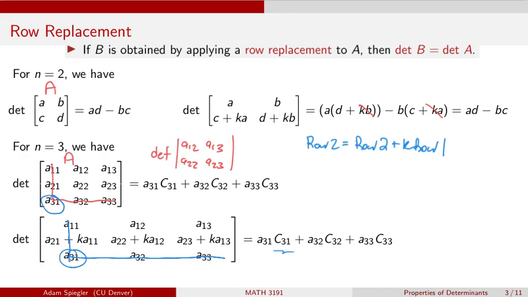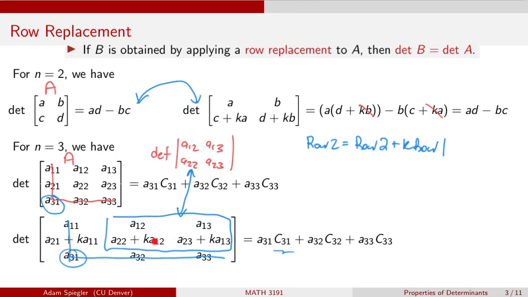Now this cofactor in the new matrix below is exactly a row replacement of the cofactor from the first matrix we had. We've already proven that for n equals 2, a row replacement does not change the determinant.